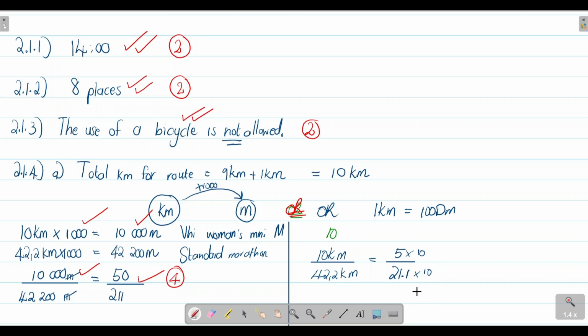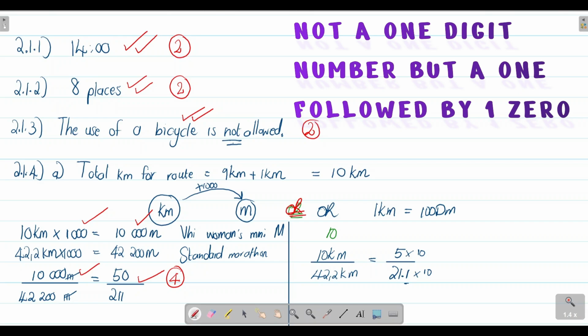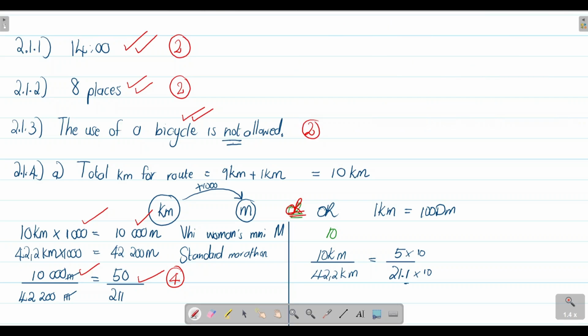Because it's just one digit after the comma, that tells us that you need to multiply both the top and the bottom number by 10. If it was 21.12, then we would know that we need to multiply both the numerator and the denominator by 100.